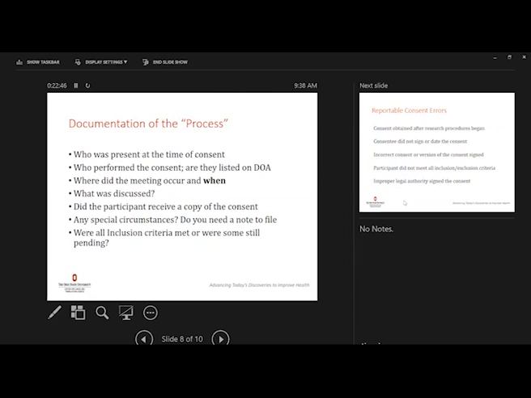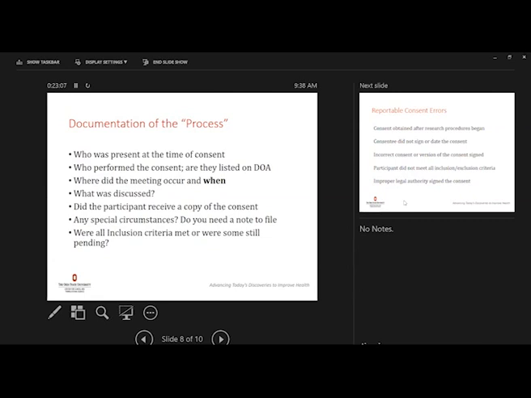Documenting the time and date of the consent is very important, because that is how you're going to determine if there were any protocol deviations of procedures or other items of the research study that were done prior to consent.